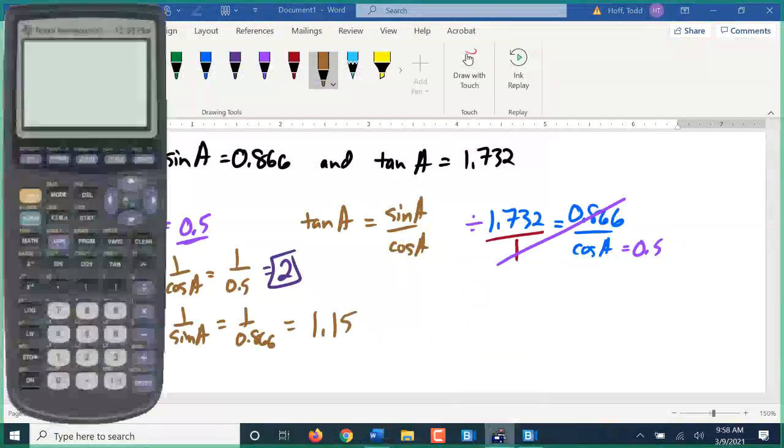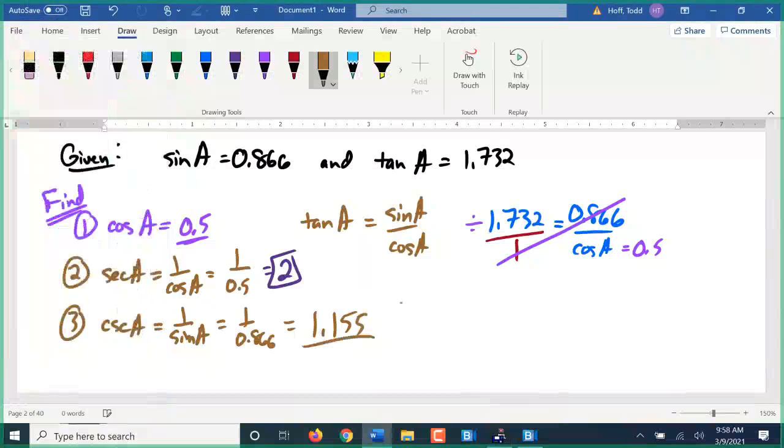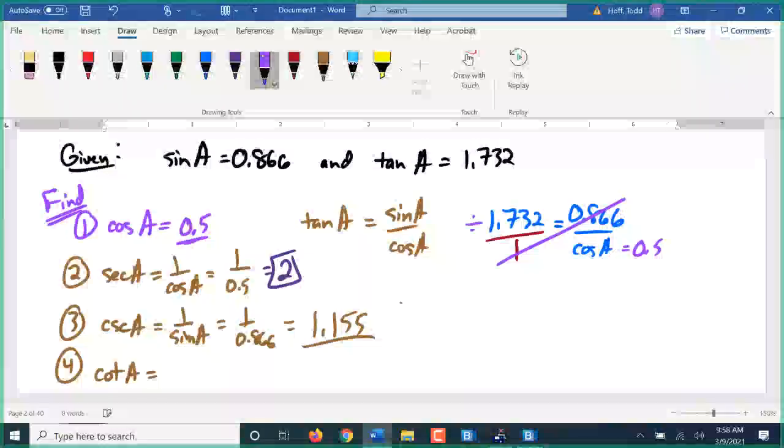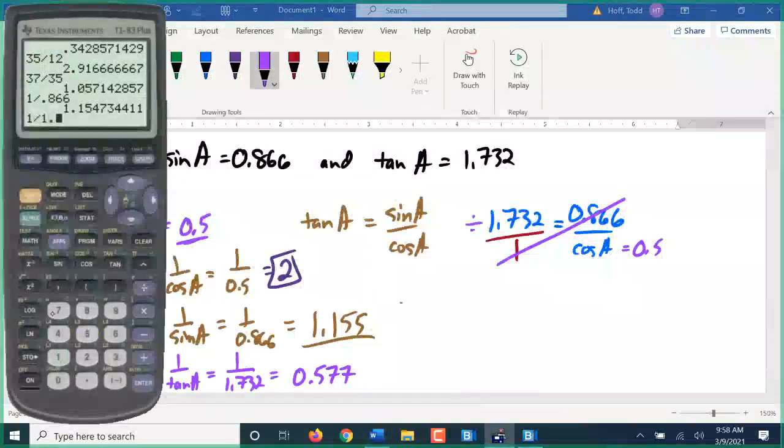Let me double check that. It is 1.155. That is the cosecant. And I can find the cotangent of A. Cotangent of A is just 1 over the tangent of A, the reciprocal of the tangent. That's 1 over 1.732. And I believe that is 0.577. It is 0.577.